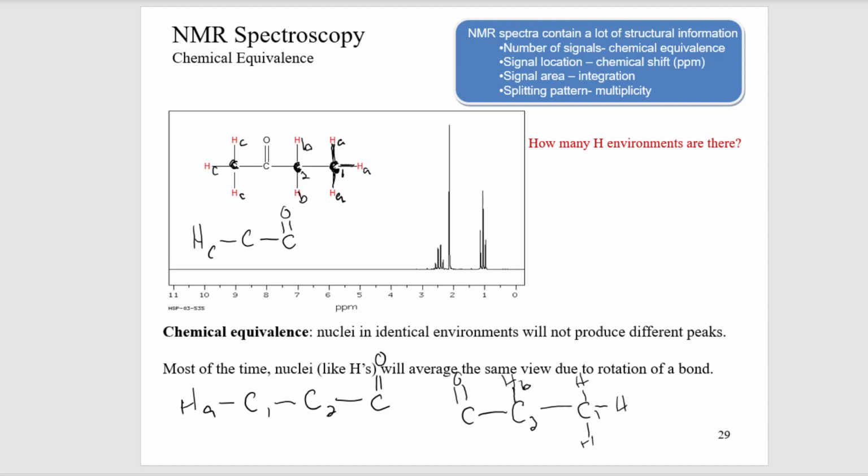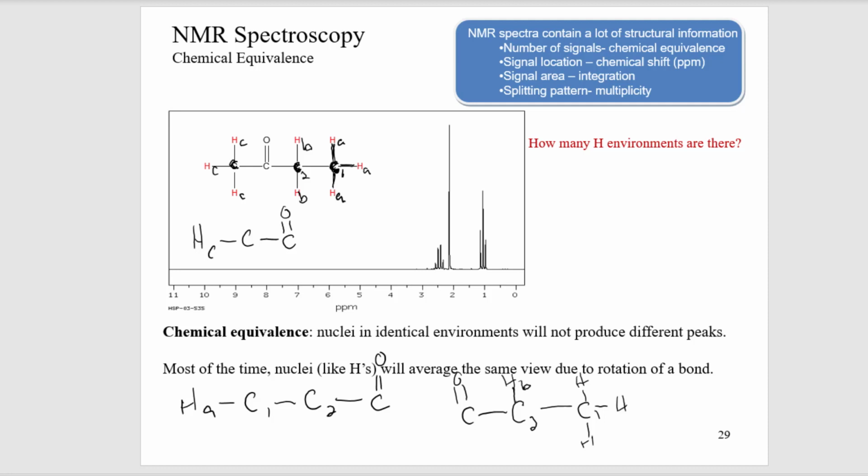If you are hydrogen B living on a C2 house, are there any other houses that have the same exact neighborhood as you? A methyl on one side and a carbonyl right on the other. I mean, look at the totality of the groups on either side of you. There's nothing like being in carbon 2, right? So HB is its own people living in that house, their own environment.